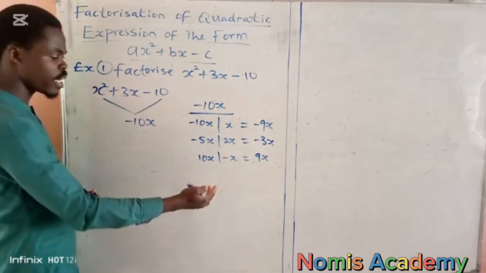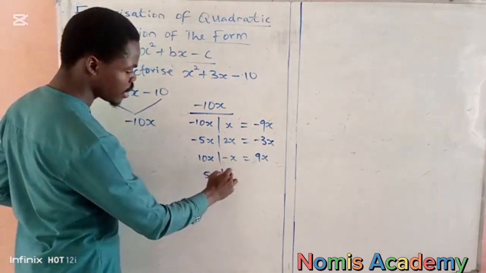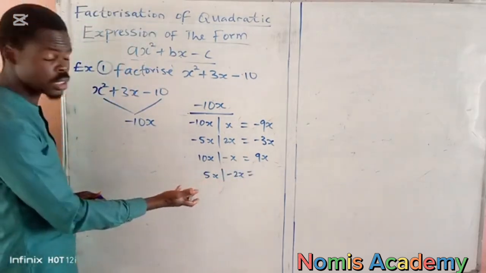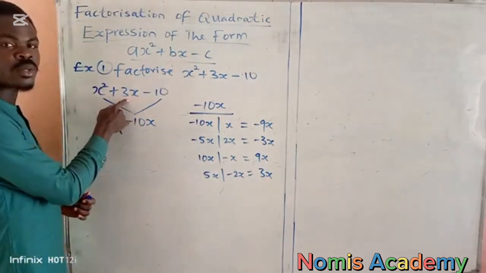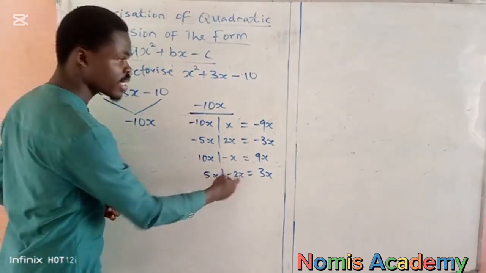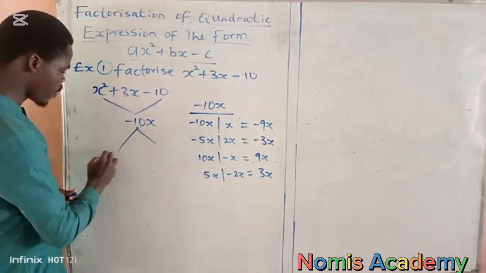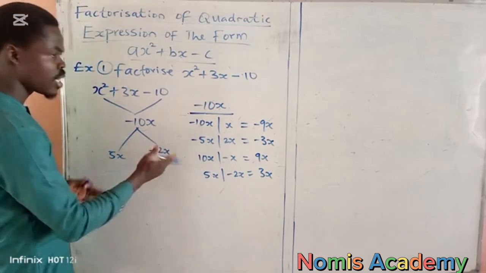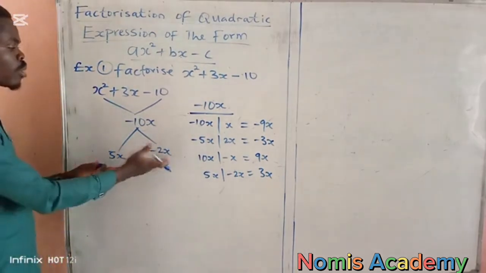Then we go further for other factors, which is 5x and minus 2x. Now this will give us 3x, exactly what we are looking for. So 5x and minus 2x are the required factors. So I'm going to write 5x and minus 2x. These are the required factors I need to sum up to 3x.